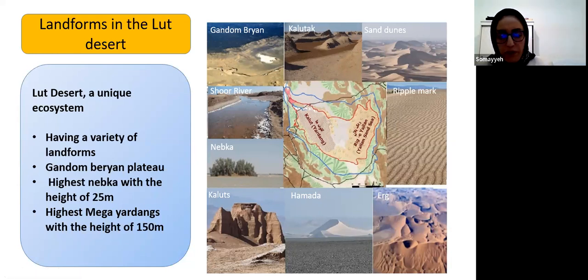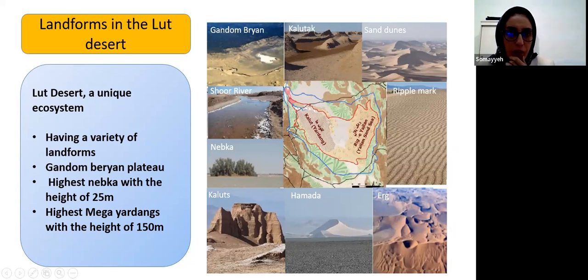It's 15 meters high. And Hamada, it is the stony, rocky pavement. The ergs that are the wind-swept flat area in the desert, and the ripple marks. Ripple marks are the marks that are made by swift wind.